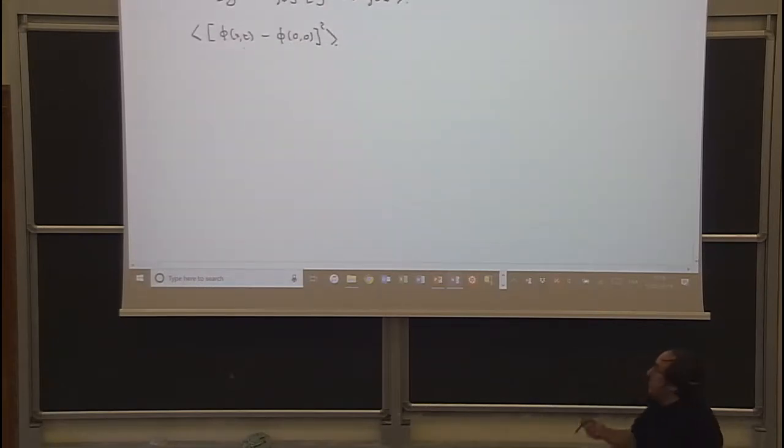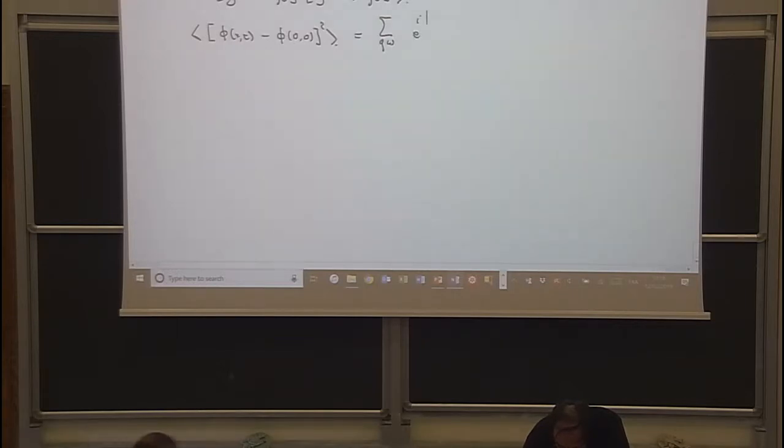So let's do this one, which is the phi of x and tau. And of course, I mean the time-ordered one, from which you can extract the retarded and so on. So I compute phi of x and tau minus phi of 0, 0 squared. So this is simply the sum over q and omega of exponential of, I will write it that way, i k scalar r, where k is q omega, r is x and tau, minus 1 times phi of k, and this is squared.